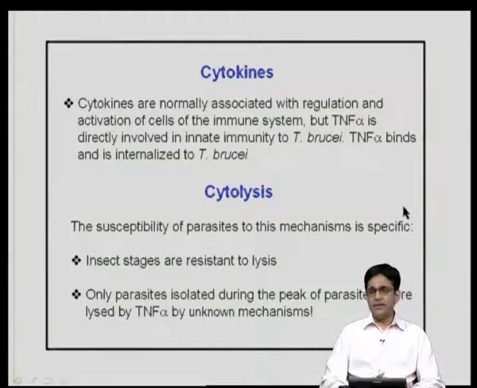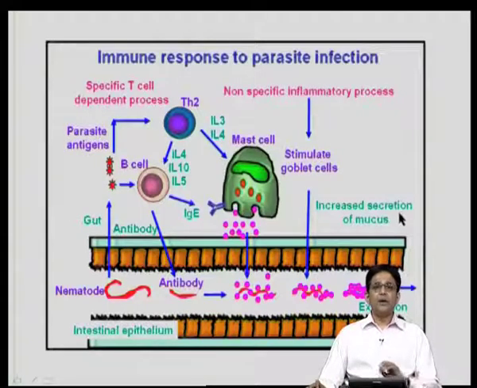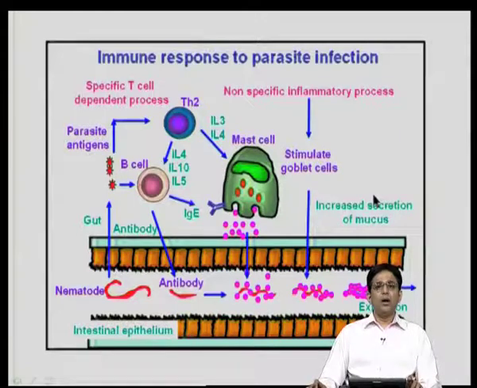Now, cytokines are important. TNF alpha is very important in innate immunity to T. brucei, and what happens is TNF alpha binds and is internalized by T. brucei. What is interesting is that only parasites isolated during the peak of parasitemia are lysed by TNF alpha, but the mechanisms are unclear. Now, this slide shows the different mechanisms involved in a parasite infection.